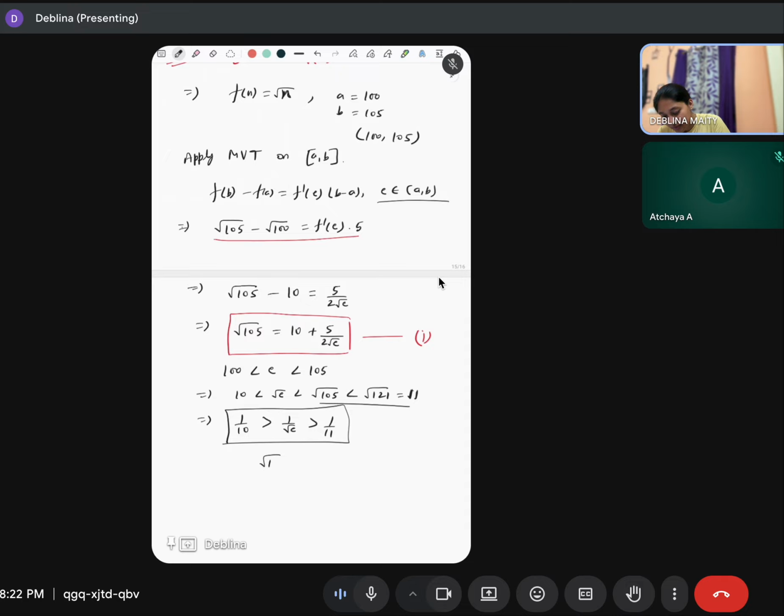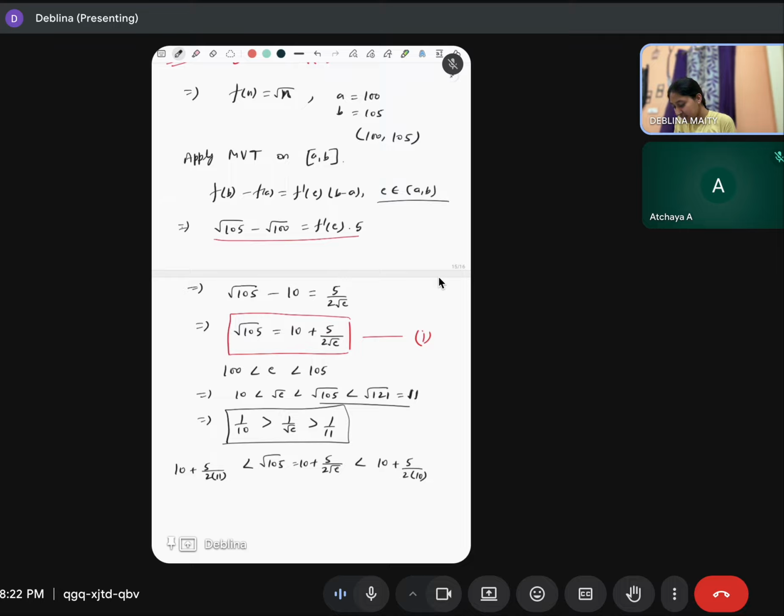We'll get root 105 equals 10 plus 5 by 2 root c, which is less than 10 plus 5 by 2 into 10, and which is greater than 10 plus 5 by 2 into 11, right?